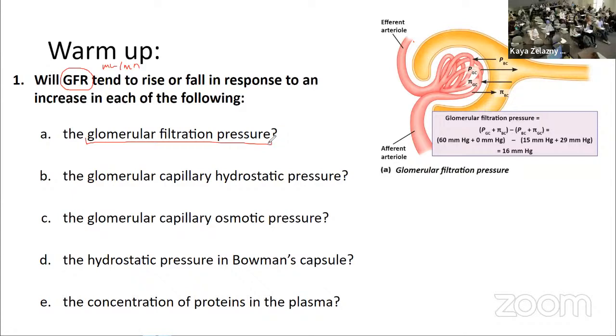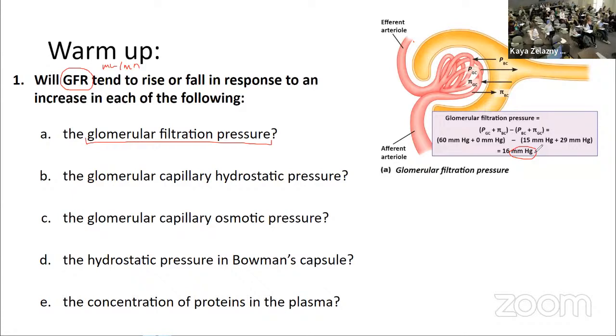Okay, so the glomerular filtration pressure was the one we were looking at, and we were thinking about what are our factors for filtration, so taking fluid out of our glomerular capillary, shuffling it into the nephron, versus factors that fight against that filtration process. So the pressure we can see is in millimeters of mercury, just a pressure measurement.